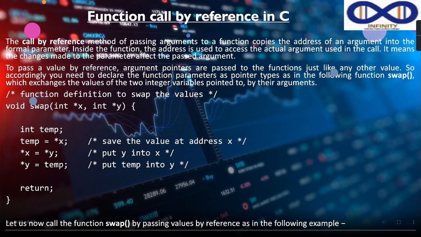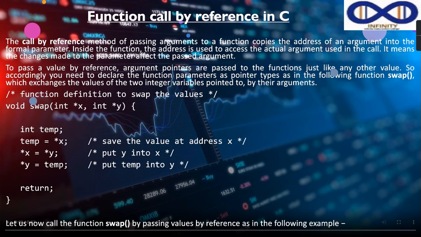So temp saves the value at address x. Then *x = *y: put y into x. Then *y = temp: put temp into y. So return, and the closing of the braces.